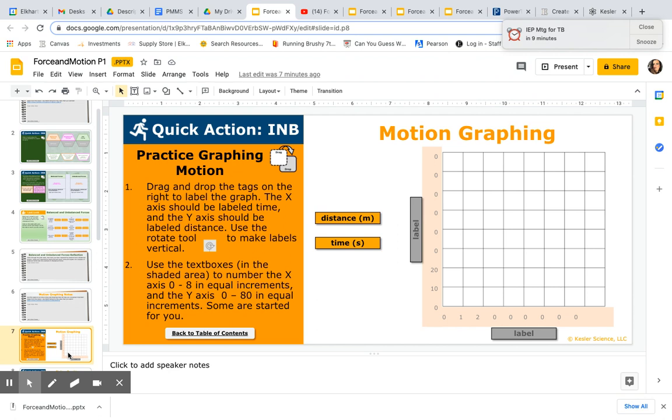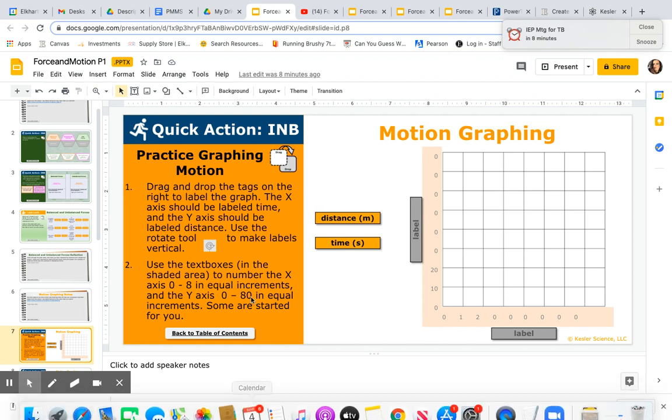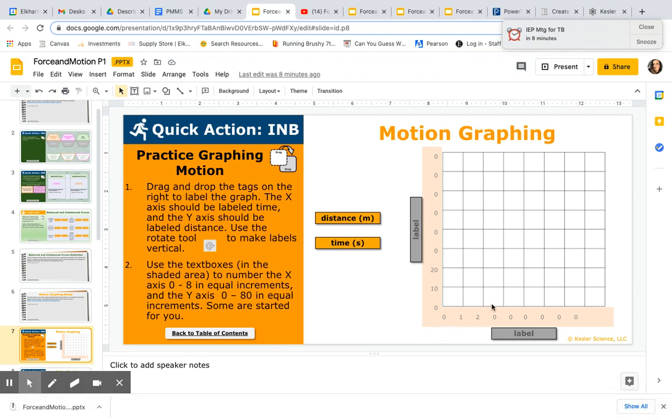Some have been started for you. So you have 0, 10, 20, then this would be 30, 40, 50, 60, 70, 80. You would go through and count 1 through 8 on this right here.